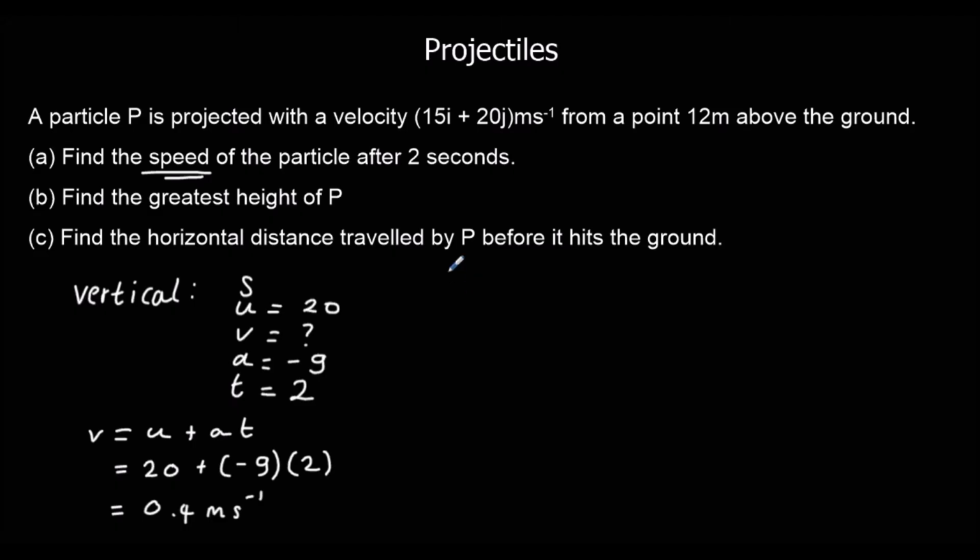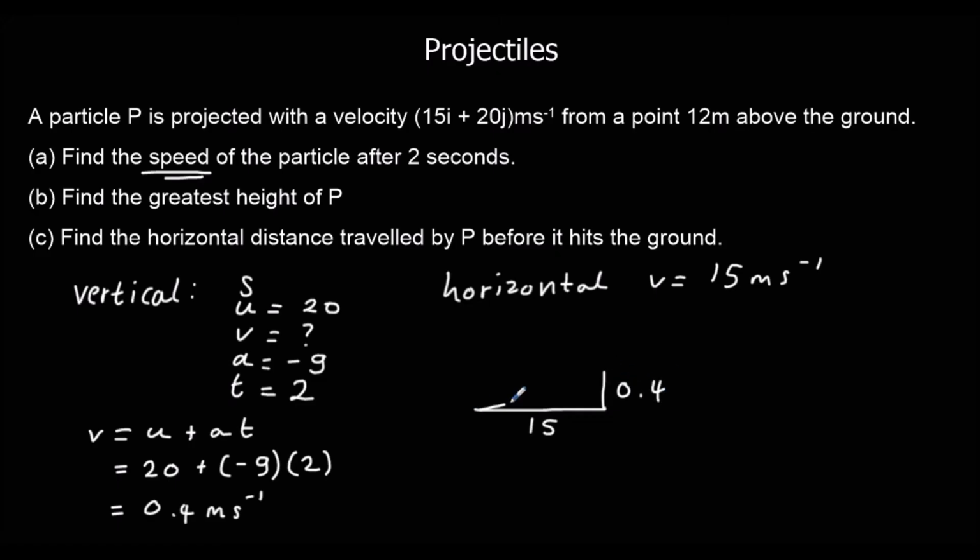Now our horizontal component, there's no acceleration horizontally. So v is going to be the same as u, which is 15 meters per second. We want the speed, so if it goes along 15, up 0.4, what is the speed? So it's Pythagoras.